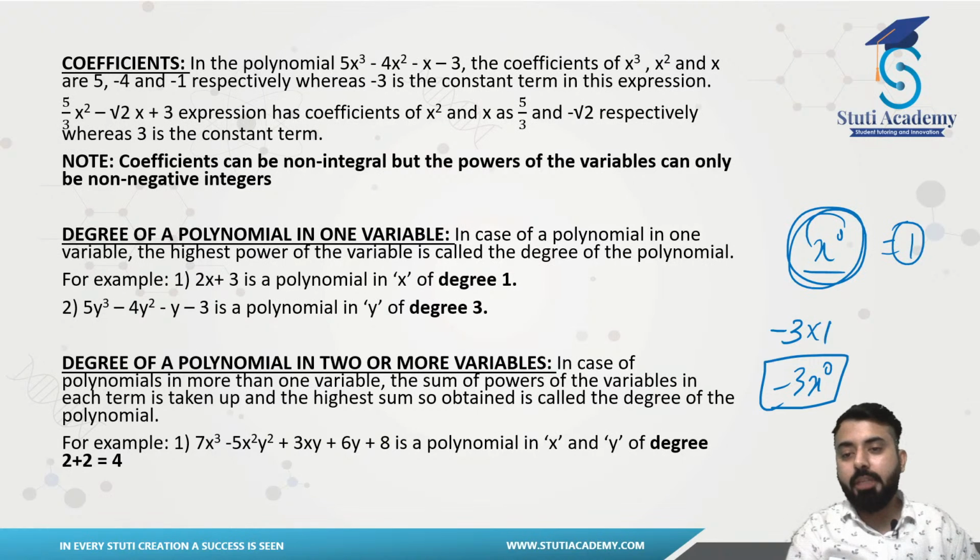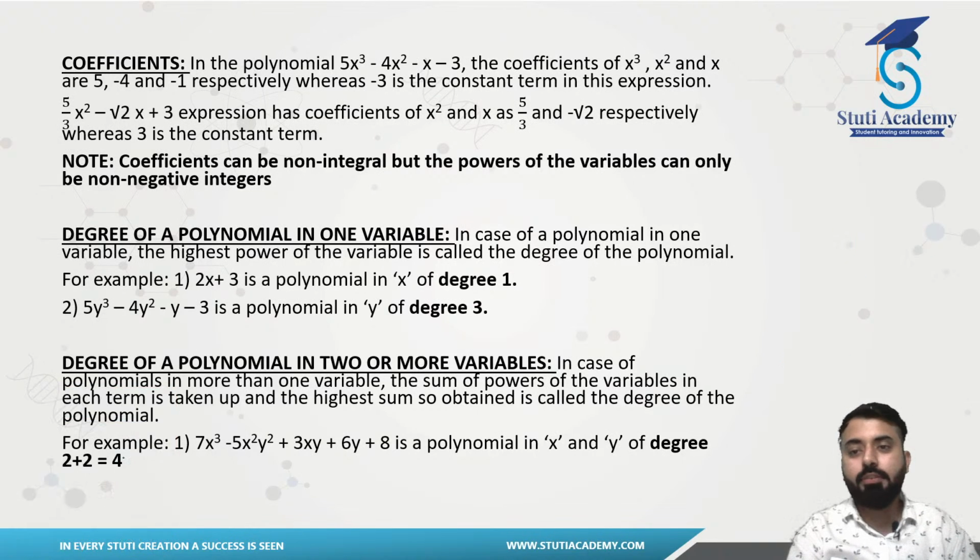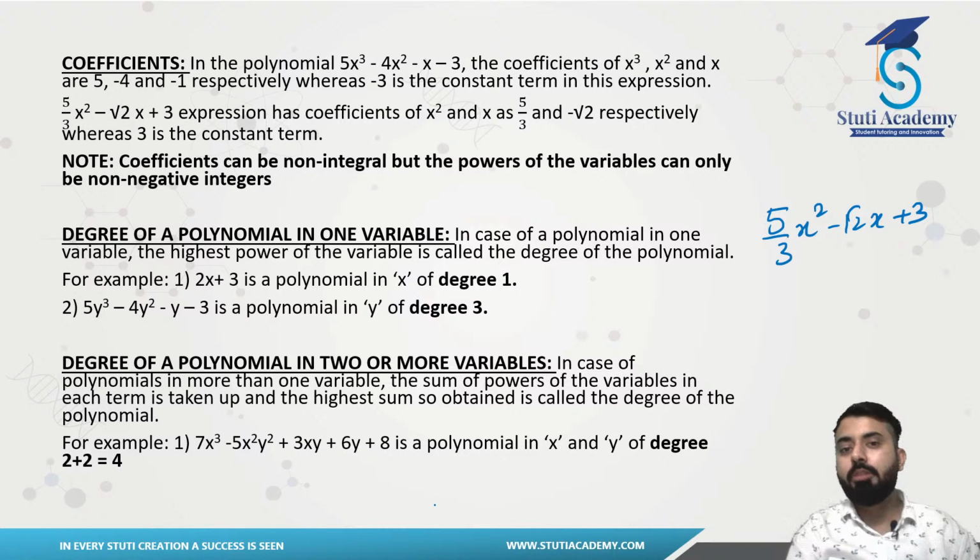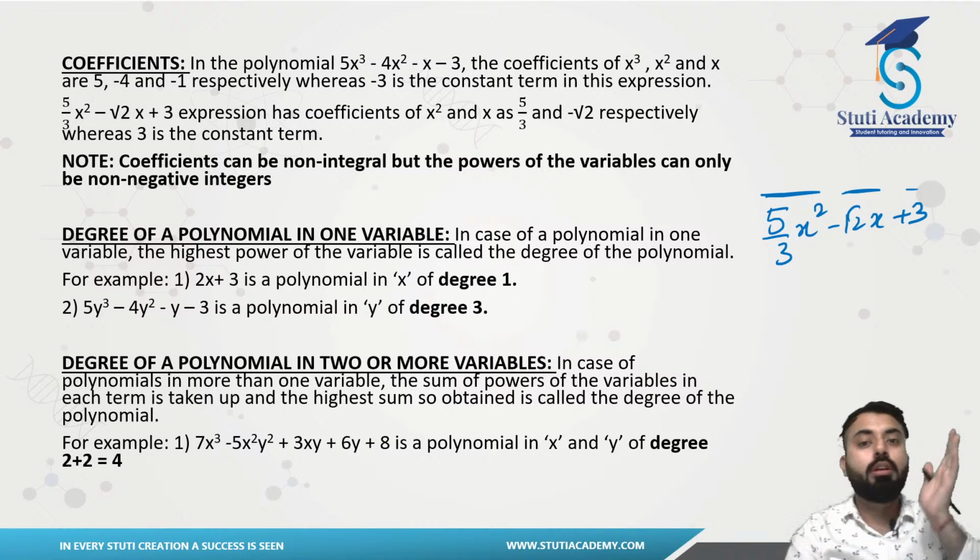And just keep in mind, I have one more example for you, which is this one. So you see my value is this one. I will be writing it here: 5/3 x square -√2x and a +3. Now firstly, let's find out the number of terms that we have here. This is our term 1, this is our term 2, and this is our term 3. Correct? To find out the number of terms, firstly observe, each and every term should be having different powers of the variable or different variables in it.